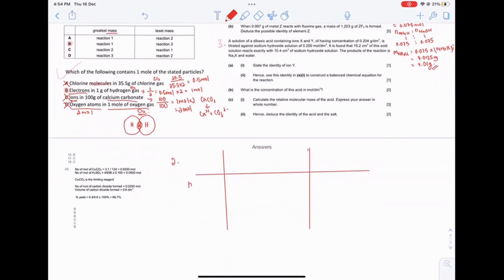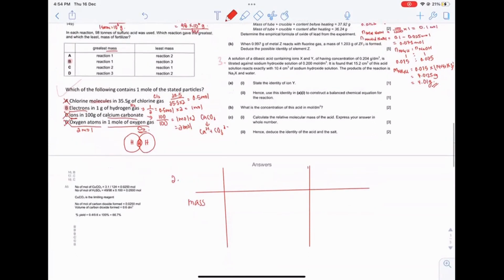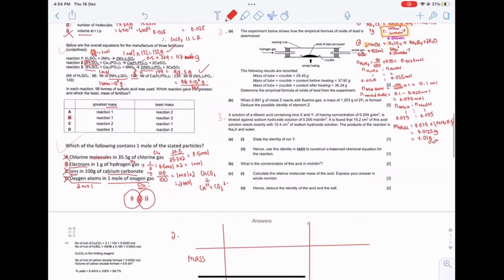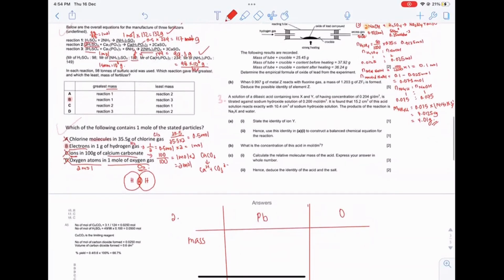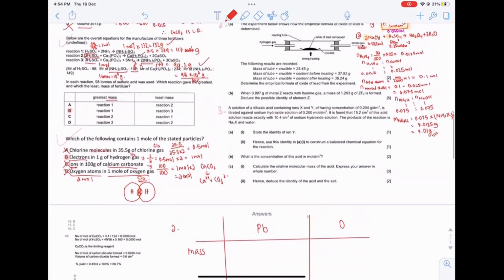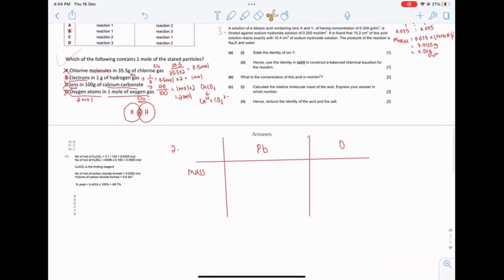The first step will be to write down the mass first. And then what did they say it contained? It is oxide of lead. So there will be lead, Pb, and there will be oxygen because it's oxide. What is the mass of lead? Before heating, what is inside? So mass of oxide of lead, let's figure it out. The first step is mass. I need to shift it down a bit.